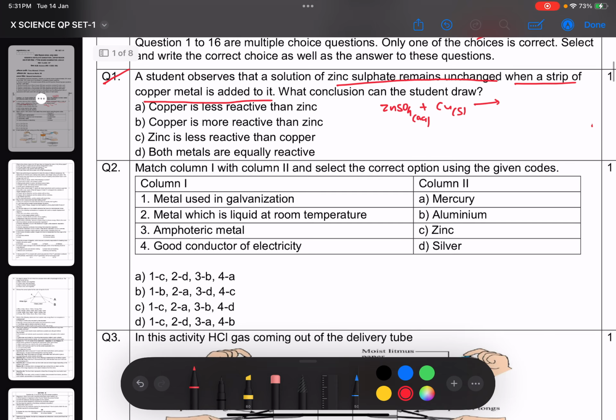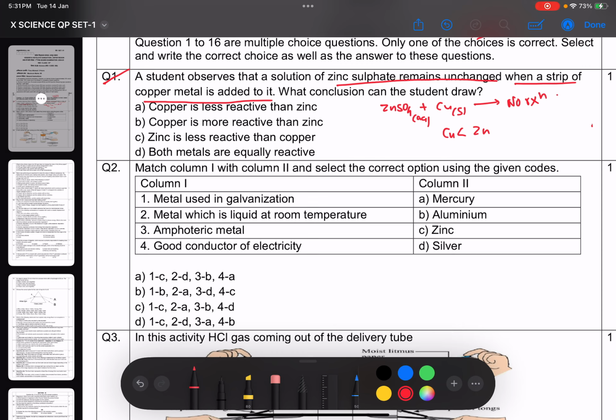This question is from the chapter Metals and Non-metals, and the most important part of it is the reactivity series. We know that copper is less reactive than zinc, so copper cannot displace the zinc ion from zinc sulfate, so here no reaction will take place.